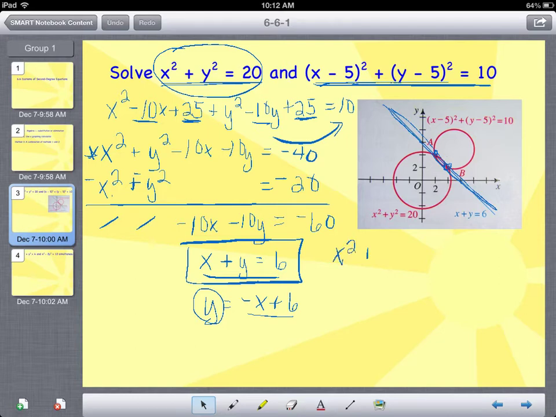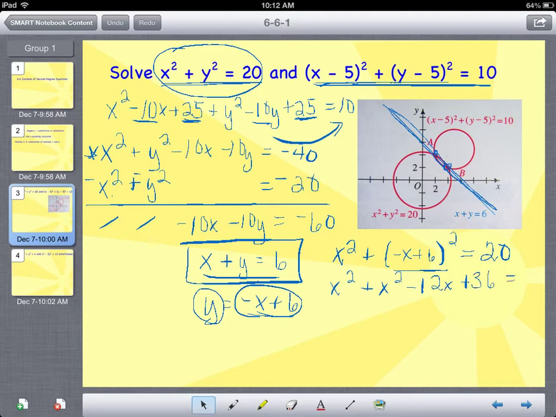So I have x squared plus y squared. Y is now negative x plus 6. Remember to square it. And that's set equal to 20. So I have to expand this one part out. So it's a positive x squared minus 12x plus 36 equals 20 when I expand that.